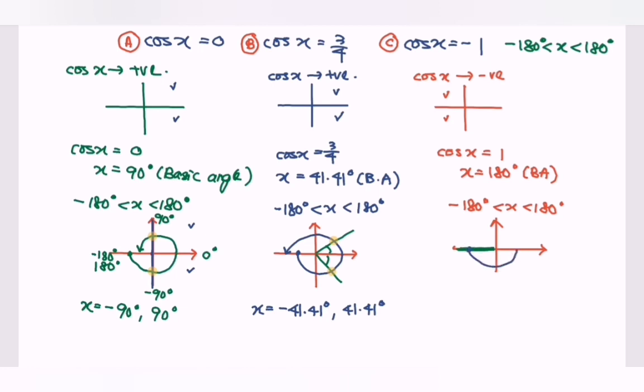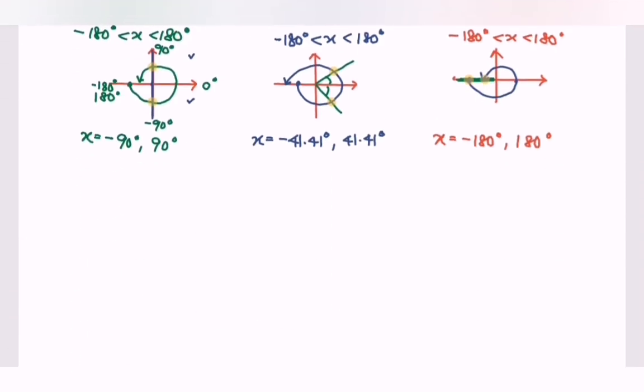Until this part we have 0. Keep on rotating until this part we have 180. So finally, the intersection point will be this part, followed by the second part. So the solution will be x equals negative 180 degrees followed by 180 degrees.